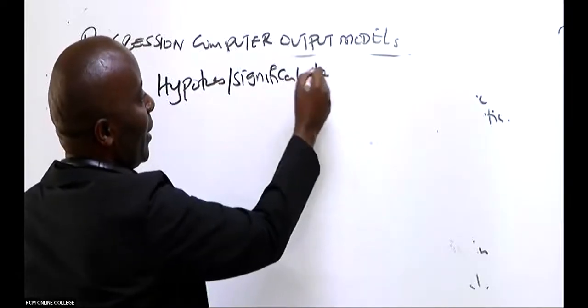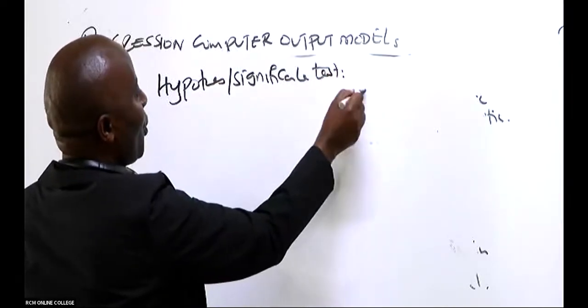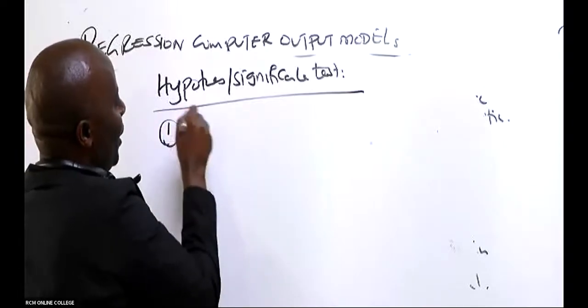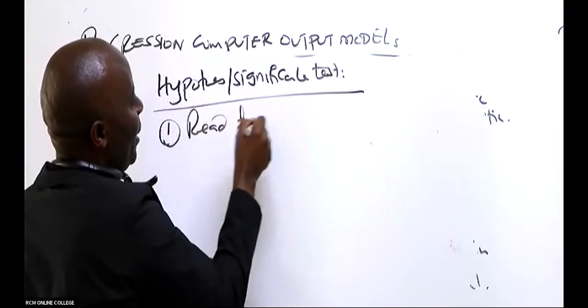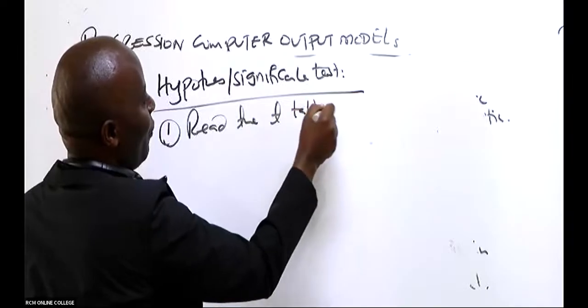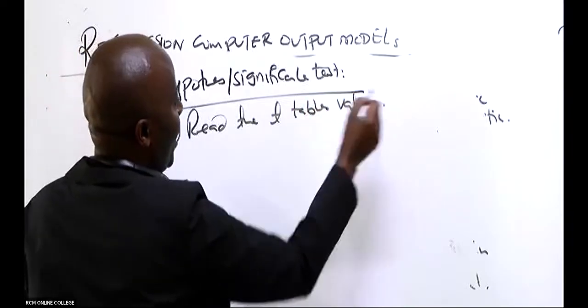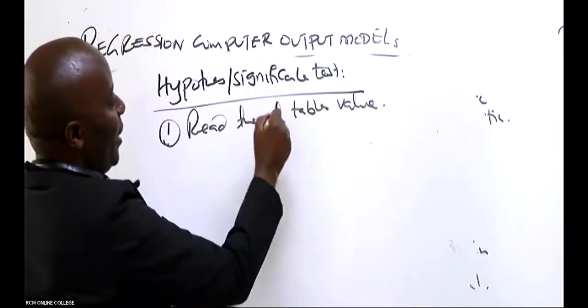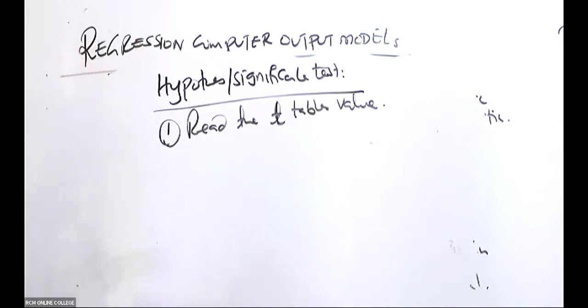Number 1, read the T tables value. You read the T tables value first.